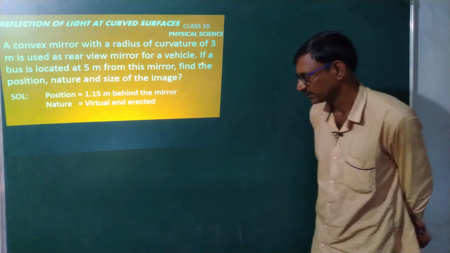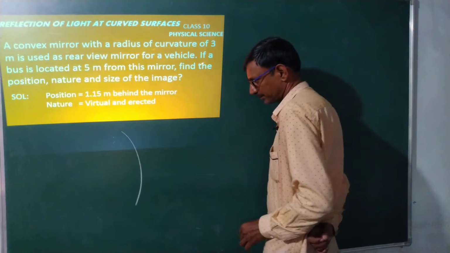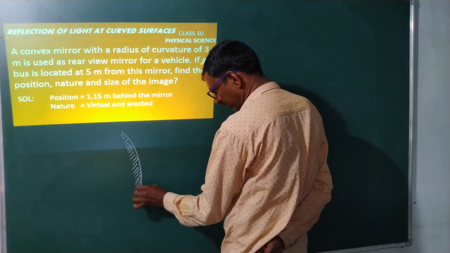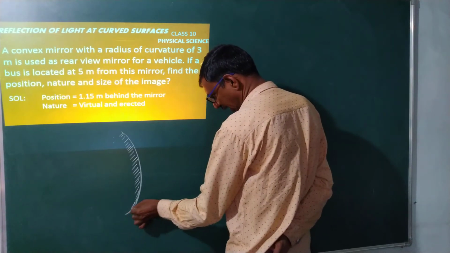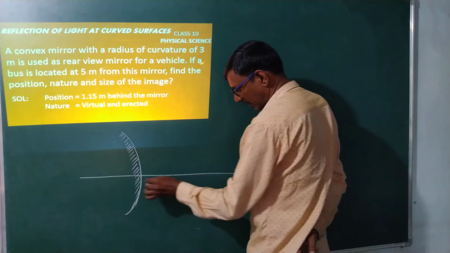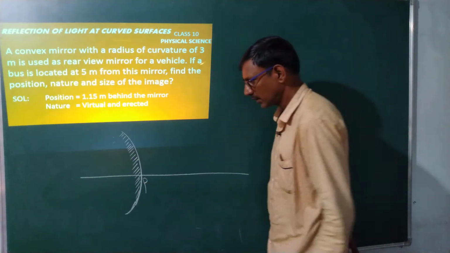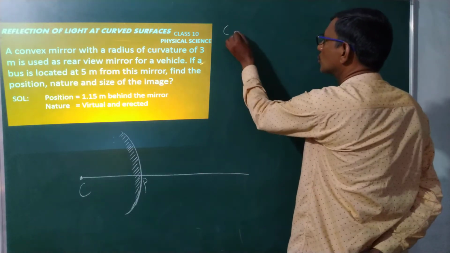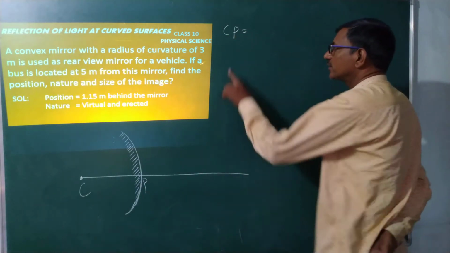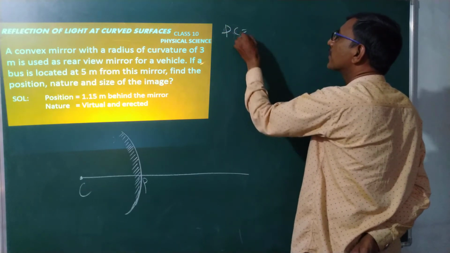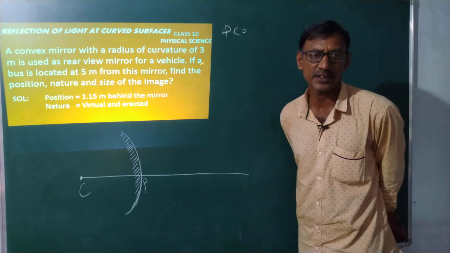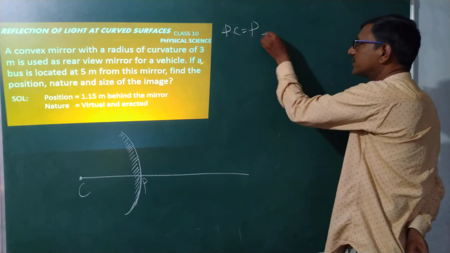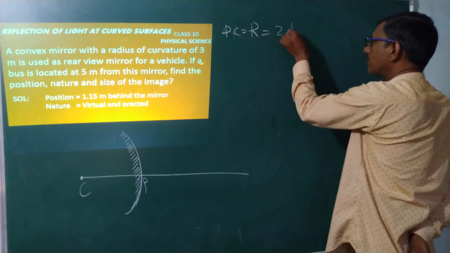First, you start with the convex mirror. This is my curved surface, curved inwards, coated with some silver. It acts as a convex mirror. This is my pole P. This is my center of curvature C. The distance from the pole to the center is the radius of curvature, that is R equals 2 times F, everybody knows.